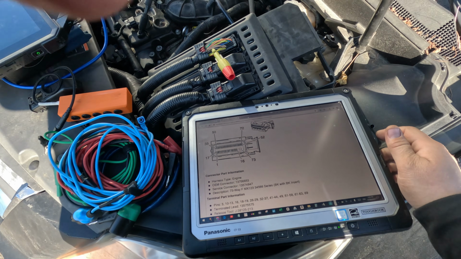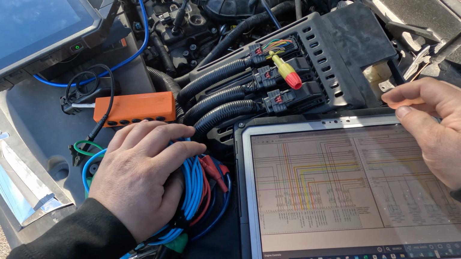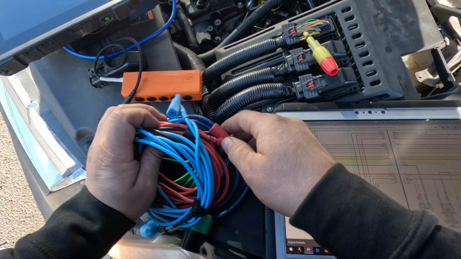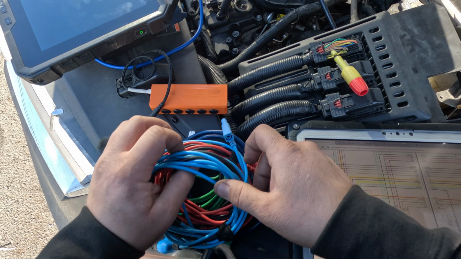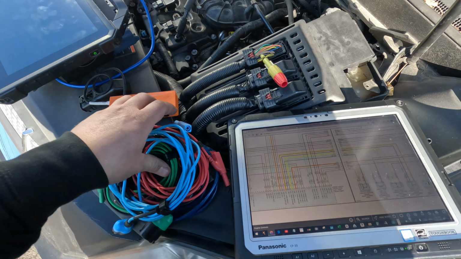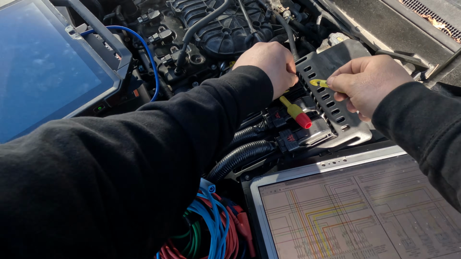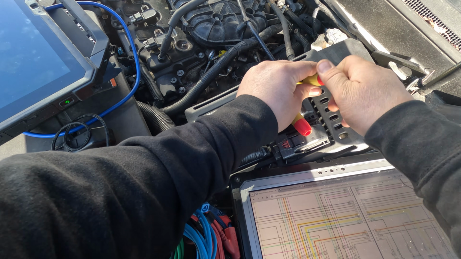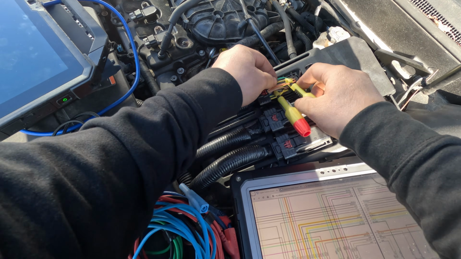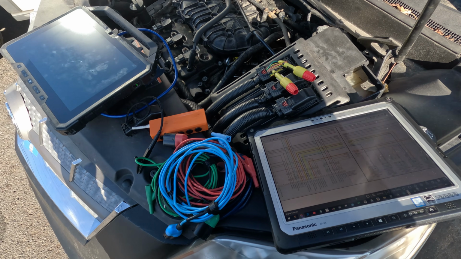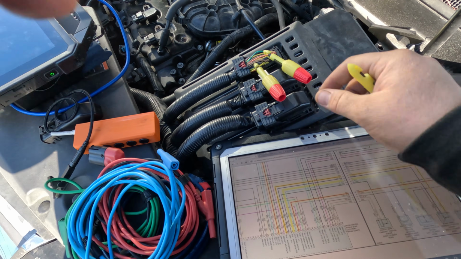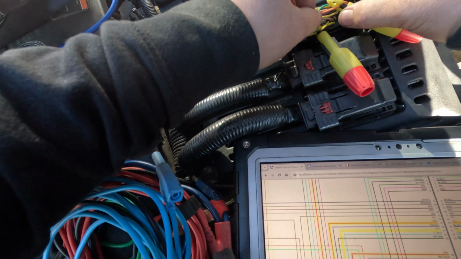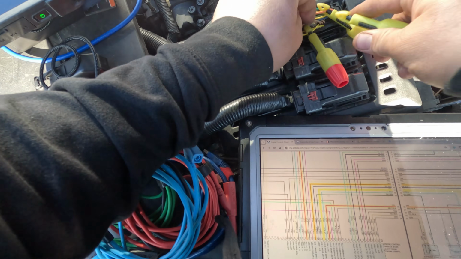Now I want, okay, channel A, I want intake. Intake bank 1's 33. That's this guy right here. Okay, and the last one is intake bank 2, which is a yellow wire, 2 down. There's this one right here.